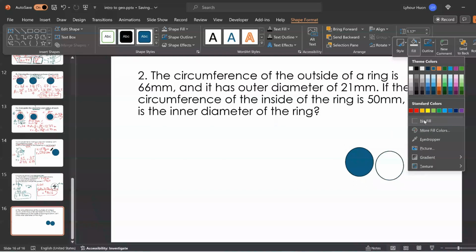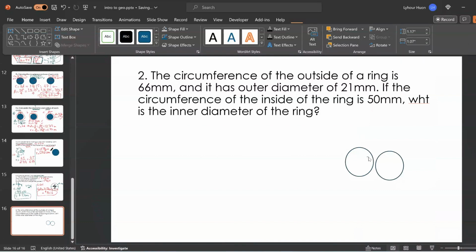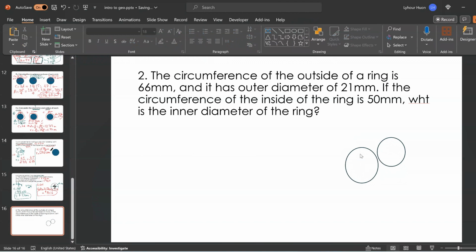So let's see here. This has no filling, and this also has no filling. We have this one bigger than that. It should look something like this. We have a diamond and stuff, but don't care about that.